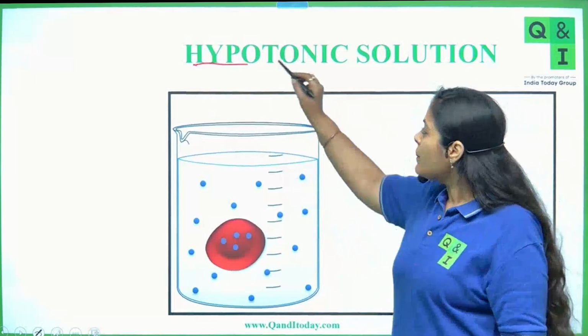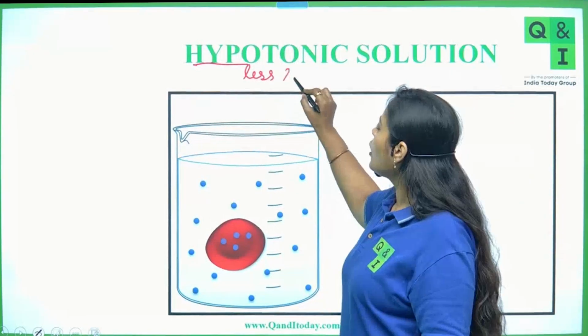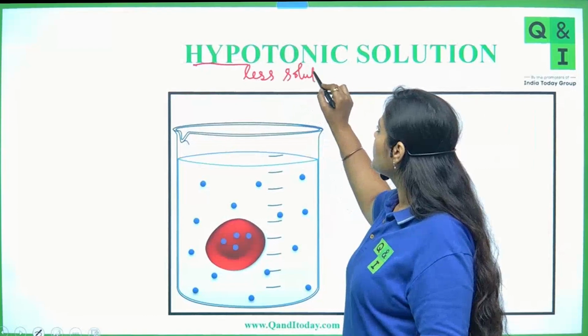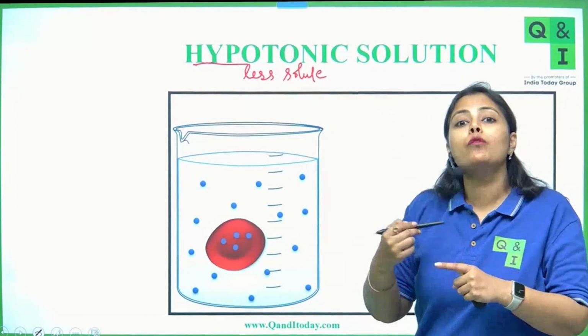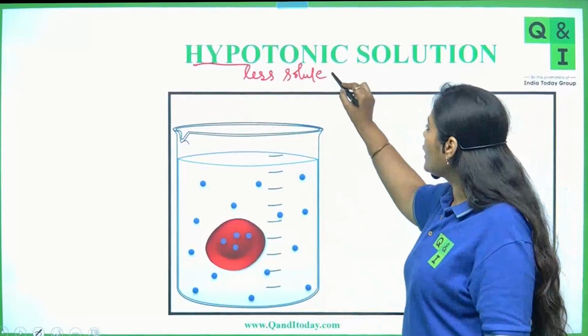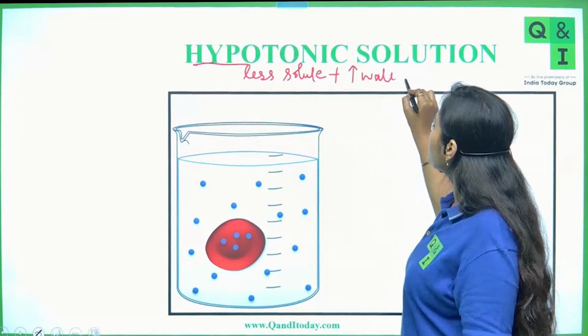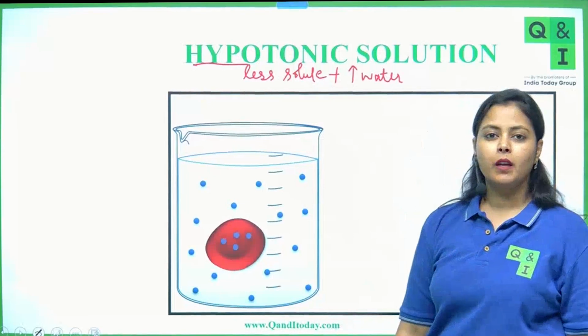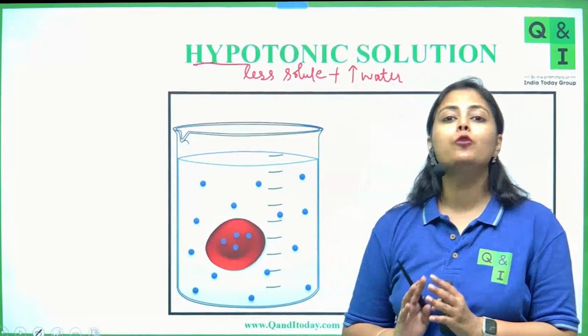Hypotonic means less solute. Less solute means there would be more water present in the solution. So please remember this: hypotonic, a dilute solution.